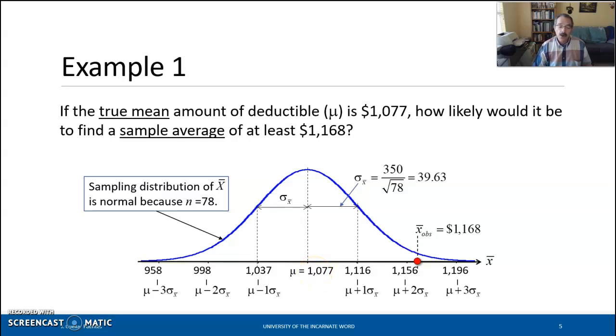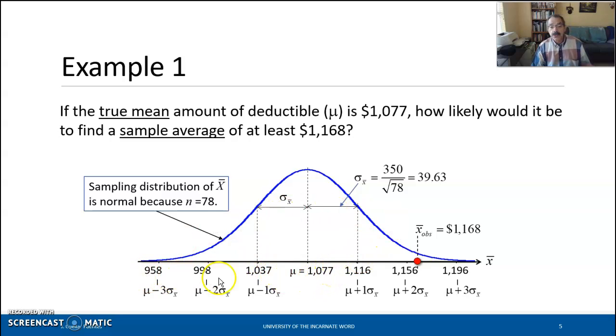That's what we know in 2015. We want to see if it is the same value in 2016. So we're going to assume that in 2016, the mean remains the same. And then we're going to see how likely it is to obtain an average of 1,168 if the true mean is 1,077.